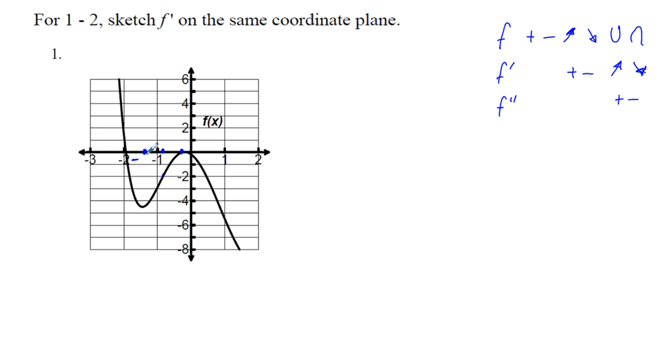Then between negative 1.3 and negative 0.3, f is increasing, so I'm going to put a plus sign above the x-axis. And to the right of negative 0.3, f is decreasing, so I'm going to put a negative sign down here. And then there's our inflection point.